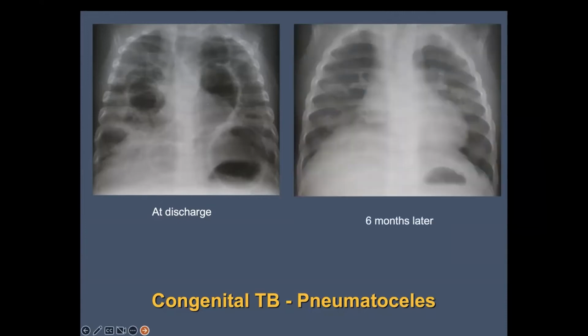And I was quite surprised when this patient came back 6 months later to see that most of these, in fact, all of these airspaces had gone away. And there was a little bit of scarring left or a little bit of atelectasis in their location, but many of these were either bulla or more likely pneumatoceles that collapsed as the child recovered from the disease.